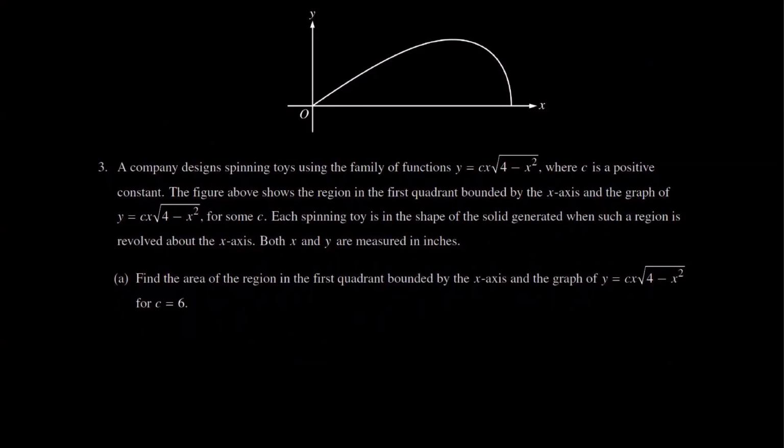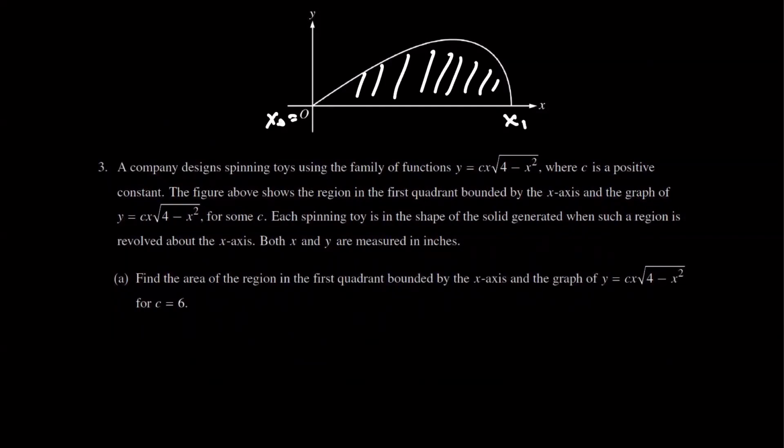The first question is: find the area of the region in the first quadrant bounded by the x-axis and the graph of this function for c equals 6. What we need to find here is this area under the curve. Note that in order to do that, we need to find these two points, x0 equals 0 and x1.